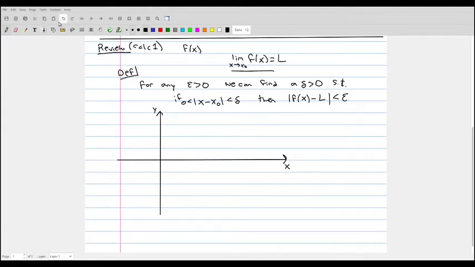What this means is that we have some value that we're calling L. I'll draw this in blue right here. And then at the point that we're talking about the limit at, x naught, this definition is saying the following.